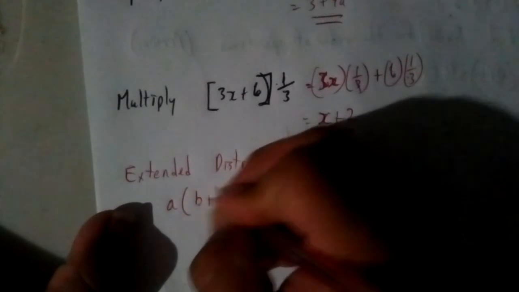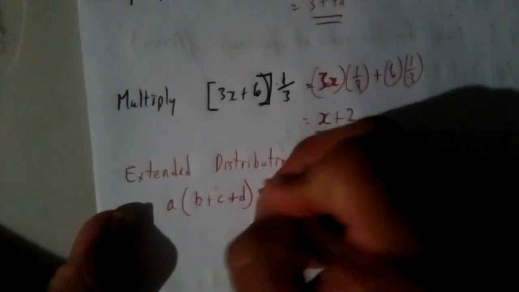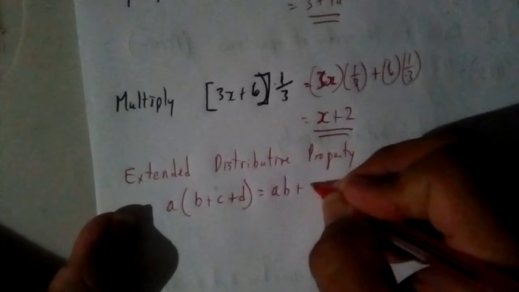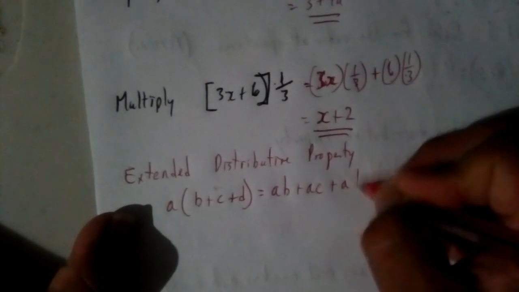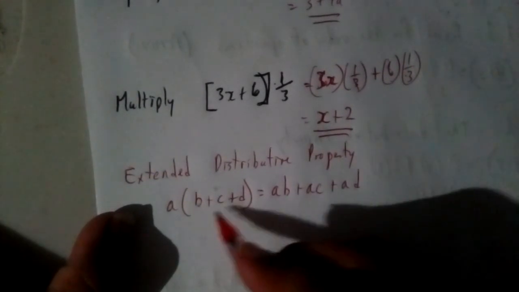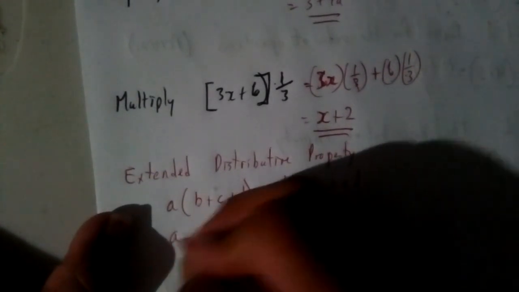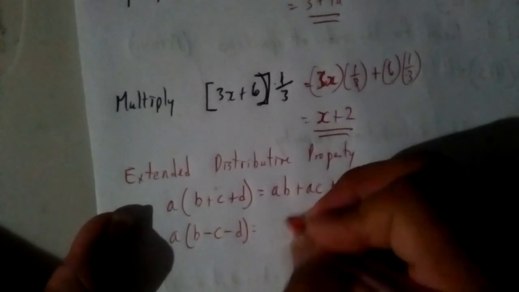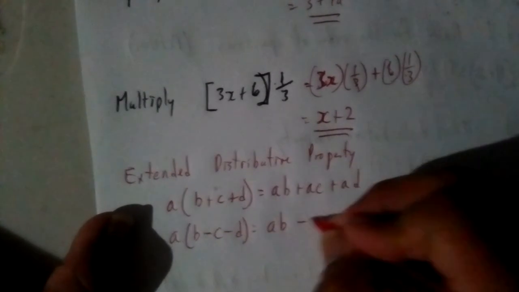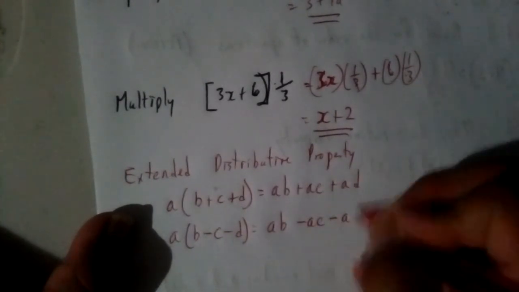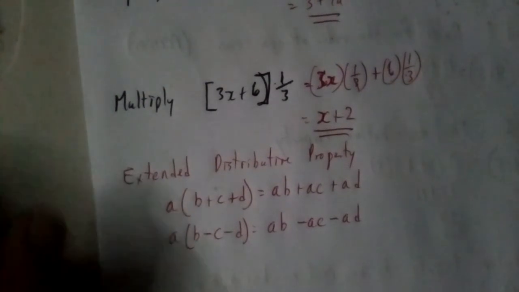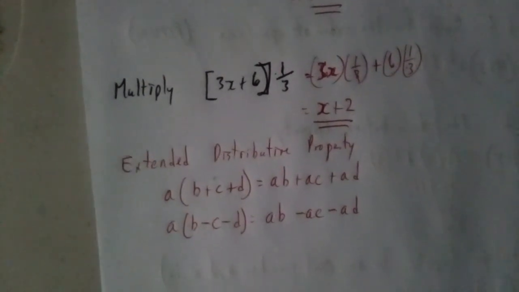You can have a, b plus c plus d, and when we multiply this out, we'll end up with ab plus ac plus ad. And if these were negative signs, let's see what would happen. A, b minus c minus d. Our solution would be ab minus ac minus ad. Okay, that is the extended distributive property.